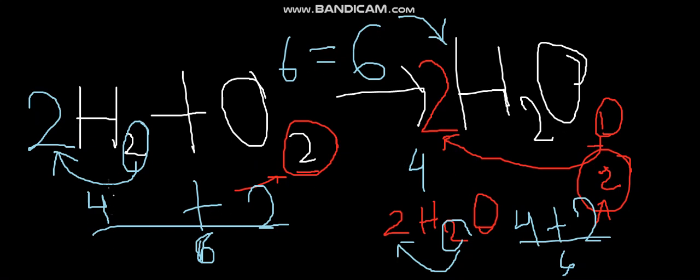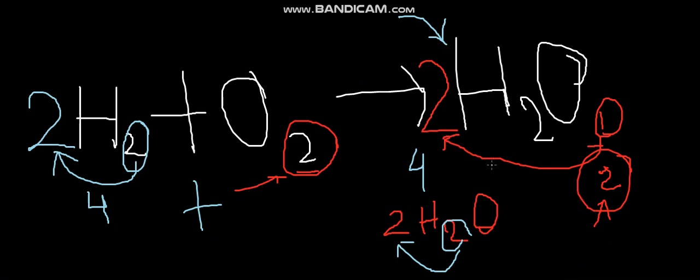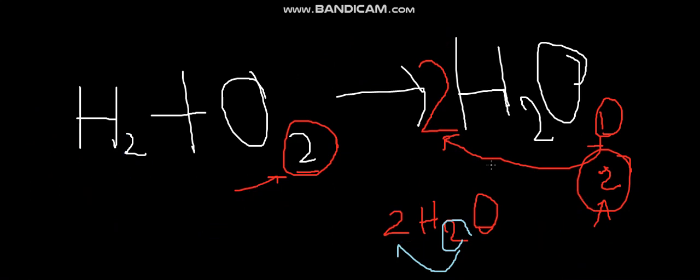If you see carefully, the number of hydrogens here is 4, and on this side is also 4, so hydrogen is balanced. The number of oxygens here is 2, and here it is also 2, so oxygen is balanced. So the whole equation is now balanced.